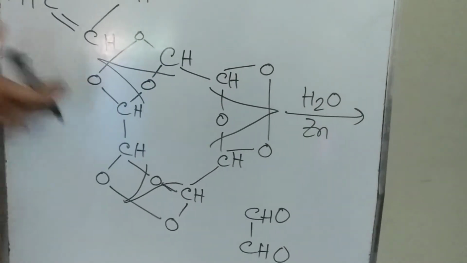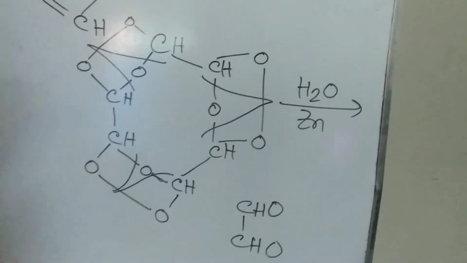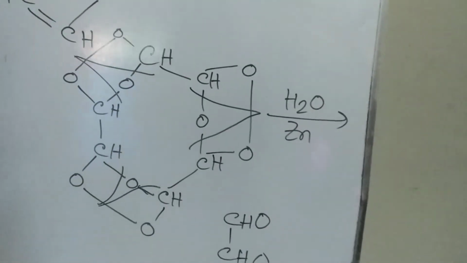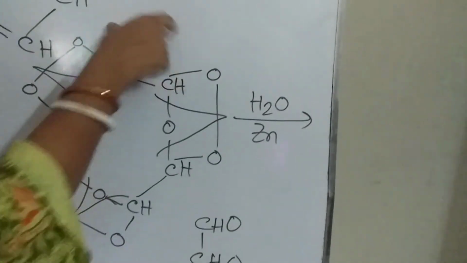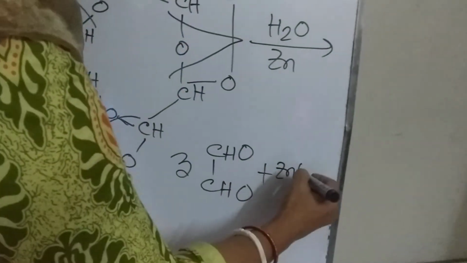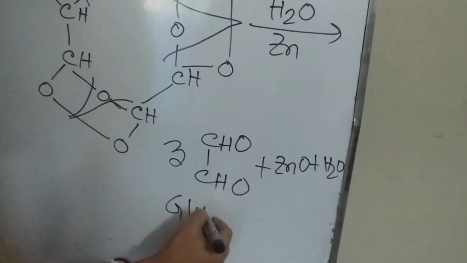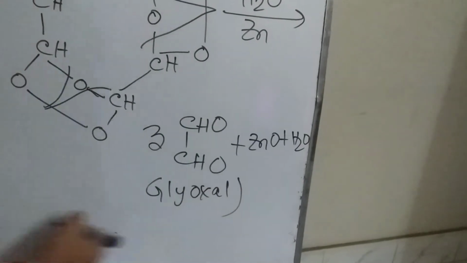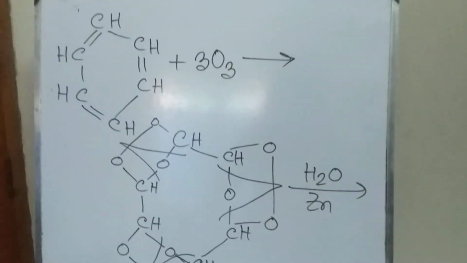Right. This is also CHO and CHO. Look here, there is also CHO. That means how many parts of CHO have you found? 1 part, 2 part, 3 part. That's why it is 3. Then it will be zinc oxide and water. So it is glyoxal. This way we can prove that benzene contains 3 double bonds.